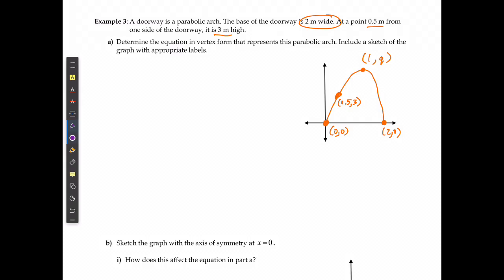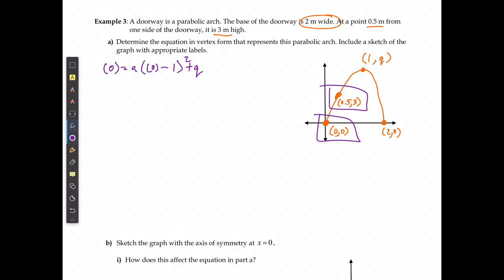I'm going to pick a point. Let's take the 0 and 0 to make one equation. 0 is equal to a bracket 0 minus p, which is 1 squared plus q. The second one, I'm going to take that point that was given.